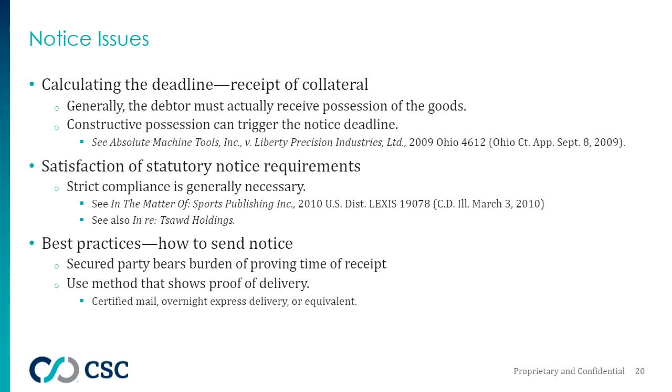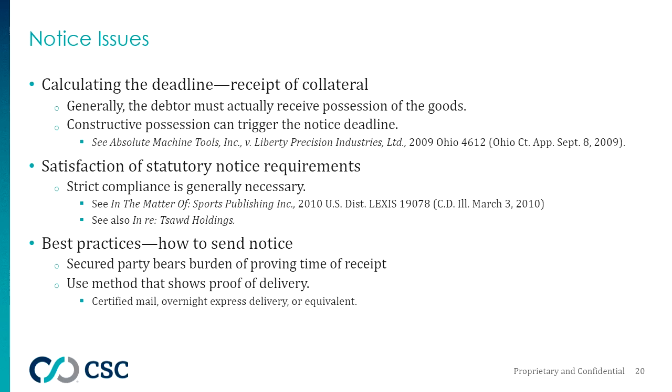And the secured party can do this by U.S. mail, by using certified mail. Other methods, like FedEx or UPS or other overnight delivery that requires a signature as proof of delivery, or some other equivalent of that. Because again, the secured party has to be able to prove that it was received before the debtor received possession of the collateral.